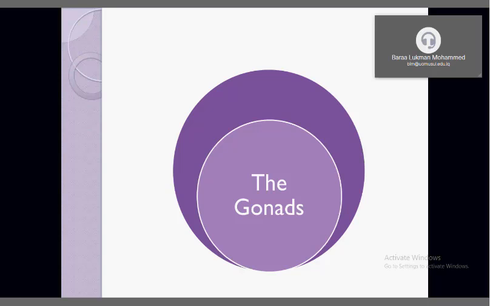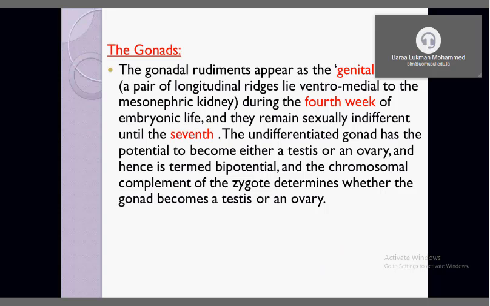So the second factor that can determine the sex of an individual is the gonadal sex, represented by the gonad. And again, we said that the gonad cannot be distinguishable until the 7th week of development. To start with, it appears as a gonadal ridge, which appears as a pair of longitudinal ridges lying ventromedial to the mesonephric kidney, and it is similar in both male and female.